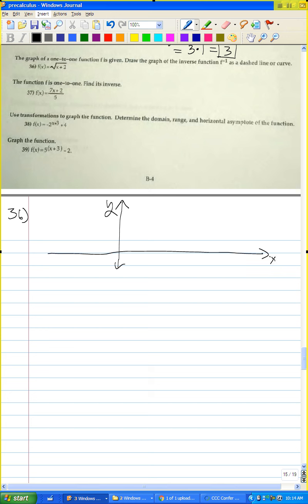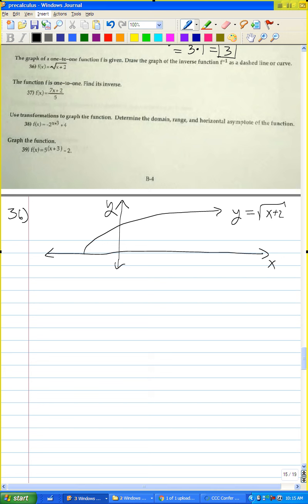Graph here of the square root of x plus 2. So this is going to be the graph of the square root of x plus 2. Okay?